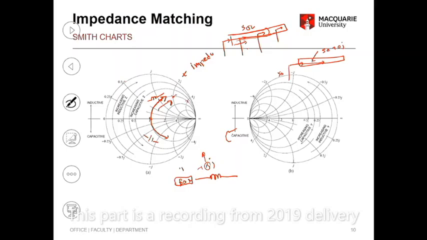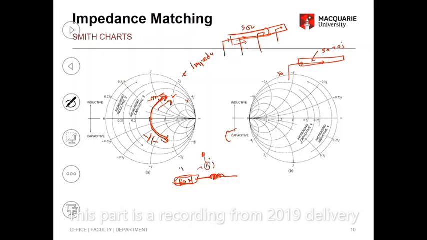If you are here, it's 4j. It will be close to infinite j here. So when you travel that way, you're talking about having a series inductor to your circuit. This will start to make more sense when I do a question, but just remember this for the moment. If you travel this way on the circle, you are having a series capacitor.